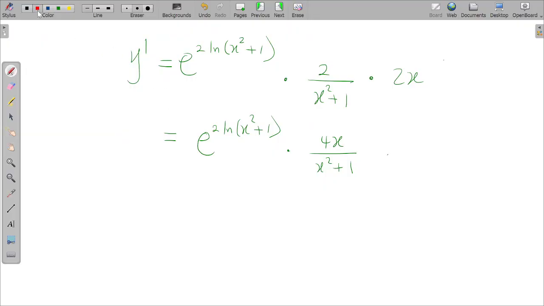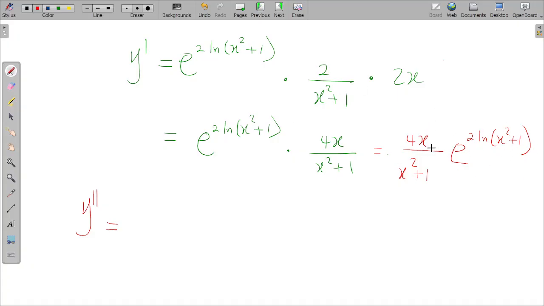Now you need to find the second derivative. To find the second derivative, this is now a product rule, which I can write like this. In order to differentiate this, you hold on to this and differentiate this, then hold on to this and differentiate this.